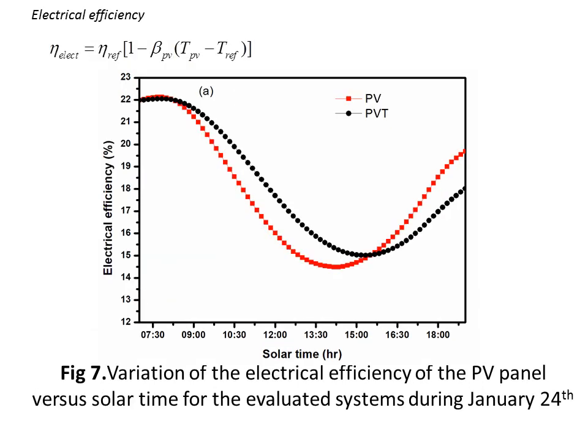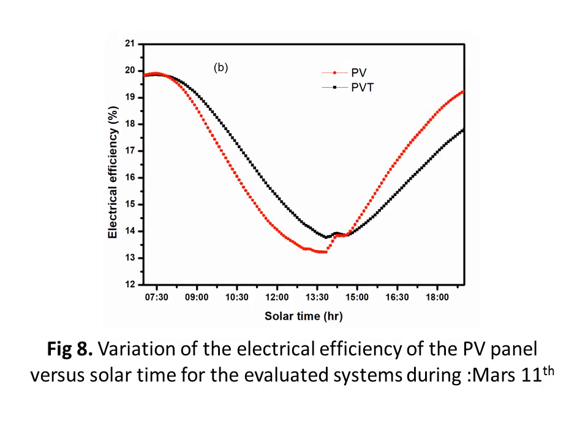For the results of electrical efficiency, we have in this figure the variation of the electrical efficiency of the PV panel versus solar time for the evaluated systems during January 24th. We have an enhancement of the electrical efficiency by 0.54% when we use the PVT.